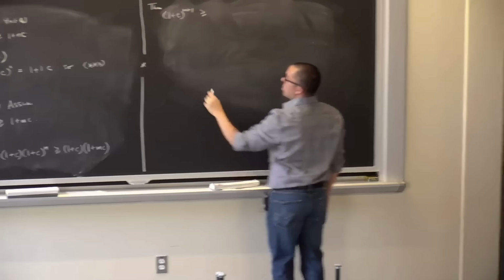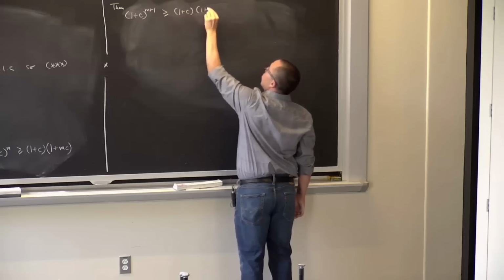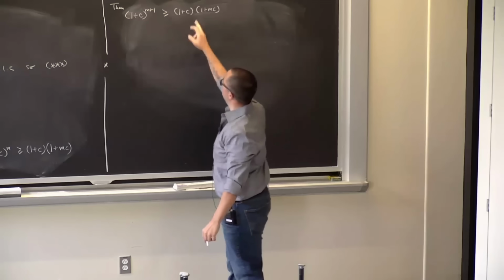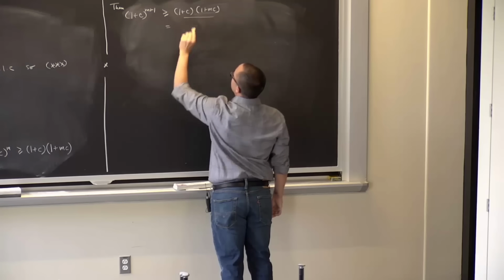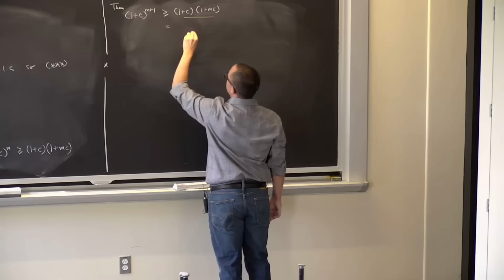So (1 + c)^(m+1) is greater than or equal to (1 + c)(1 + mc). When I write an equal sign, I do not mean that the left side is now equal to what I'm about to write.